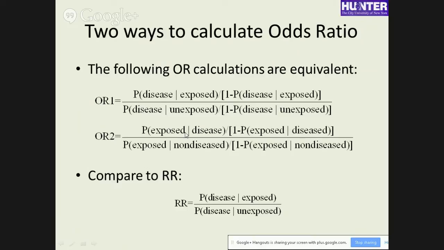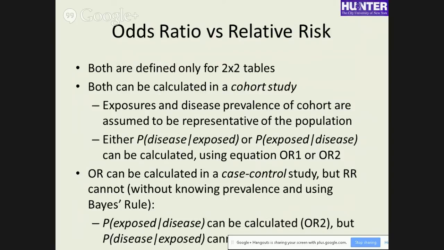Yes, this is the odds of exposure among your diseased population and among your non-diseased population. Whereas in a cross-sectional study, we would look at the probability of disease in exposed versus unexposed populations. So yeah, that was off the top of my head.